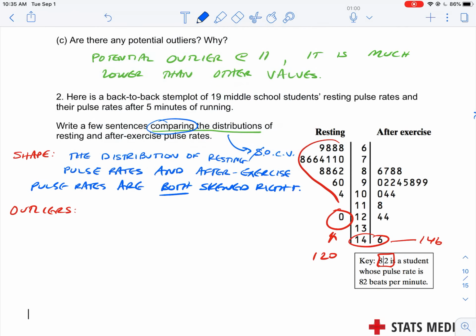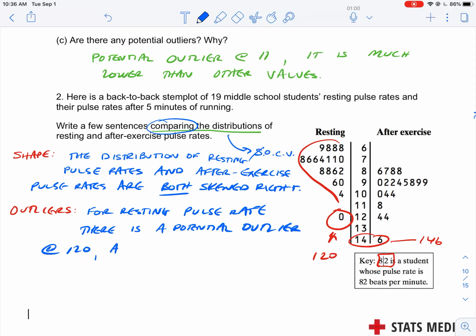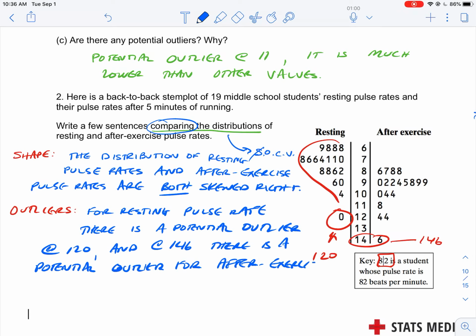So in my outliers, what I'm going to say is for resting pulse rate, there appears to be a potential outlier at 120, and at 146, there is a potential outlier for after exercise pulse rate.